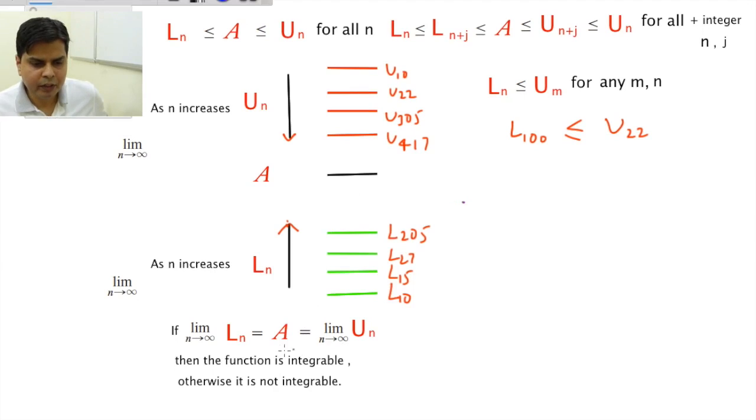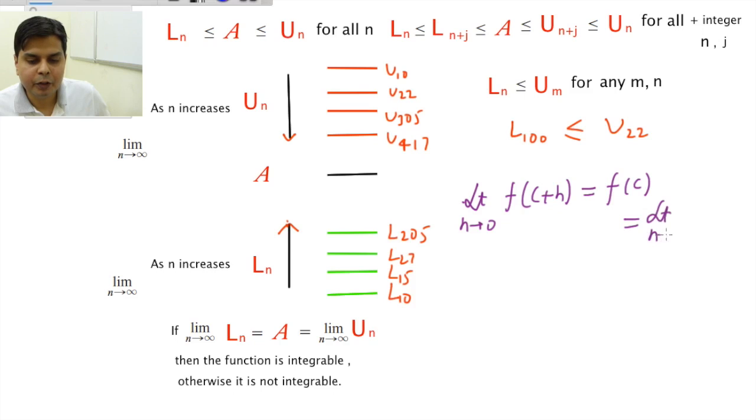Some of you might recall that this definition of integrable functions is quite similar to the definition of a continuous function. How do you define a continuous function? A function is said to be continuous at x equal to c if limit h tending to 0 of f(c plus h) equals f(c) equals limit h tending to 0 of f(c minus h).